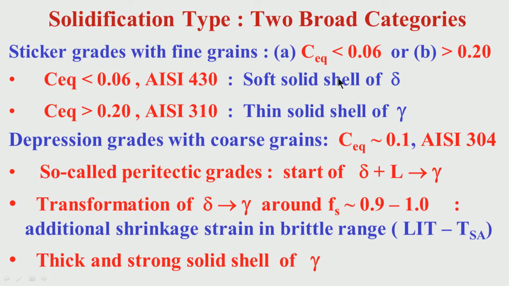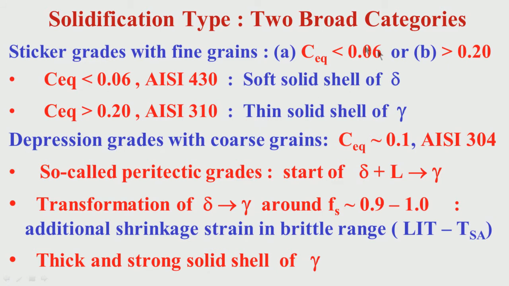So, then I had also mentioned the sticker grades for carbon steel or even low alloy steels. Normally they belong to either the carbon equivalent less than 0.6, that means the lower range of the carbon equivalent, or higher range, that means greater than 0.2. So, these two broad ranges will indicate sticking tendencies.